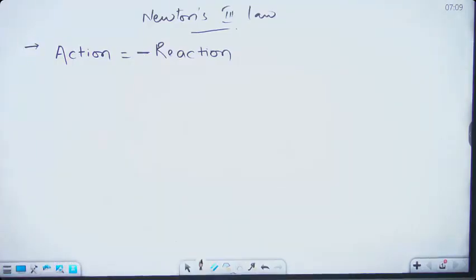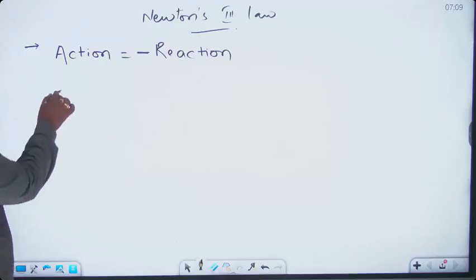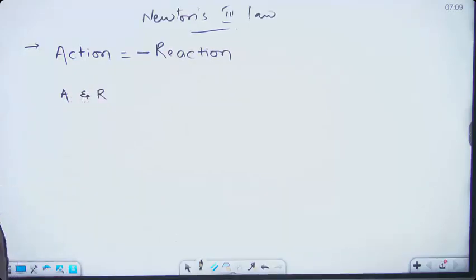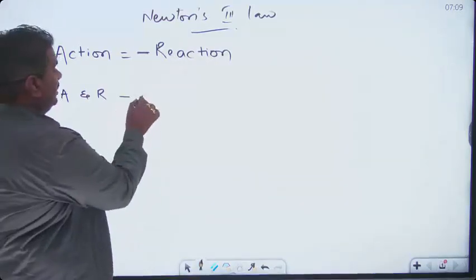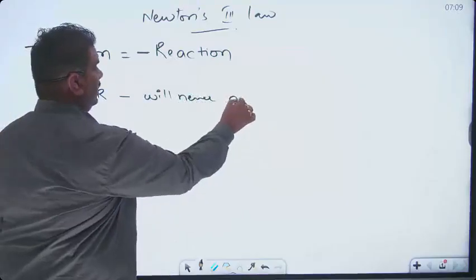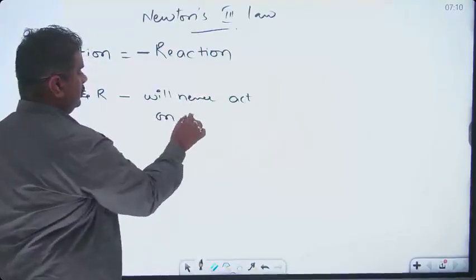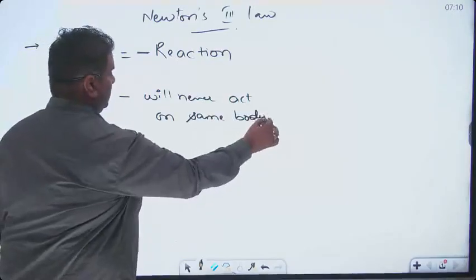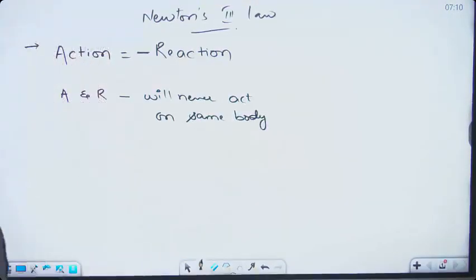At the same time, Newton's third law says that action as well as reaction will never act on the same object, on the same body. So what do you mean by this statement?